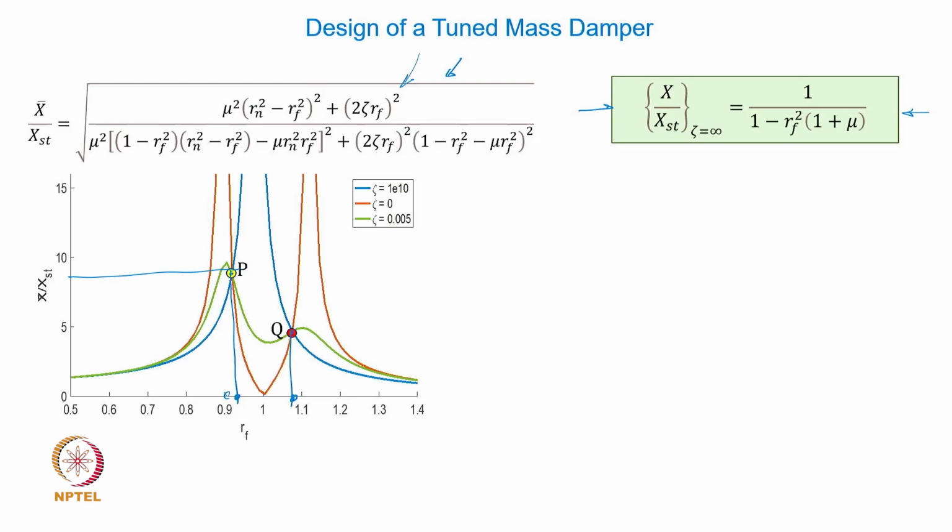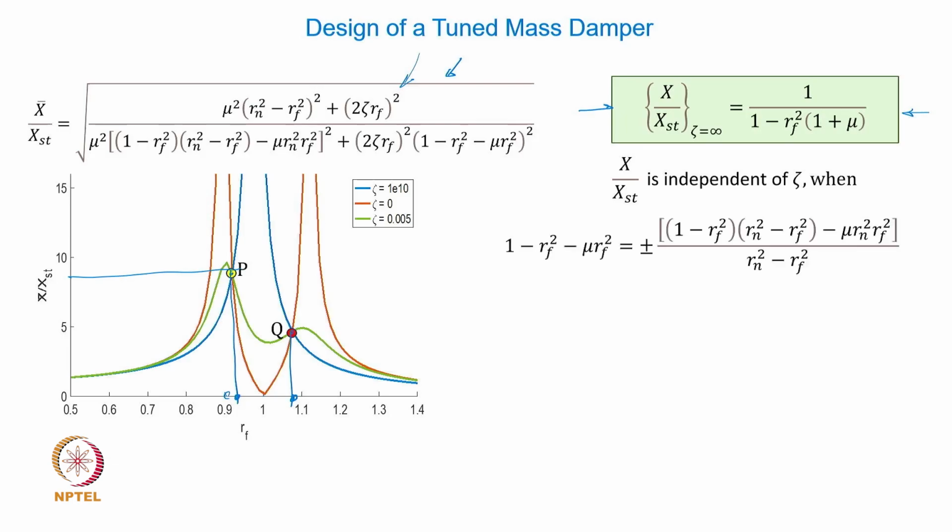Then x over xst, that is the amplitude ratio, is going to be independent of this damping ratio when this equation is satisfied. Now again, this might be a little mind boggling for you. Why are we doing this? You will realize that very quickly.